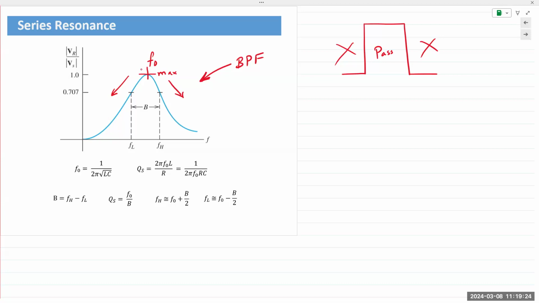Now, real life, of course, does not work that way. So it'll have a gentle slope on both sides. So the demarcation line between pass and block is again described in terms of the power. The point at which the power drops to 50% is the point between the pass band and the block band.